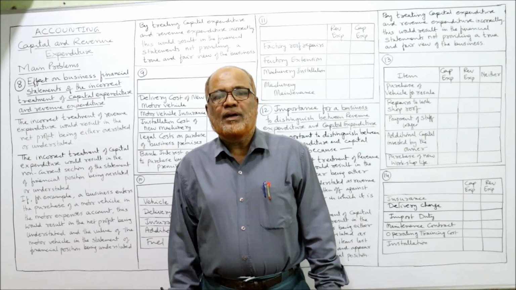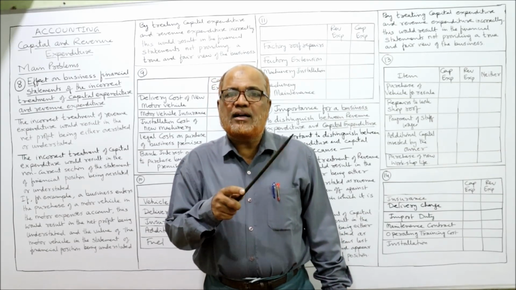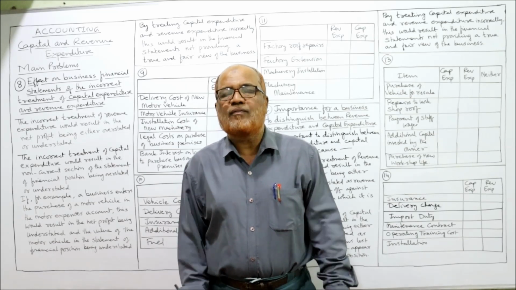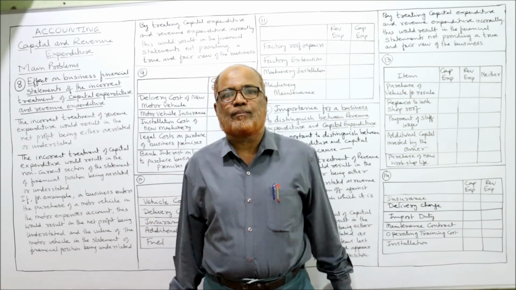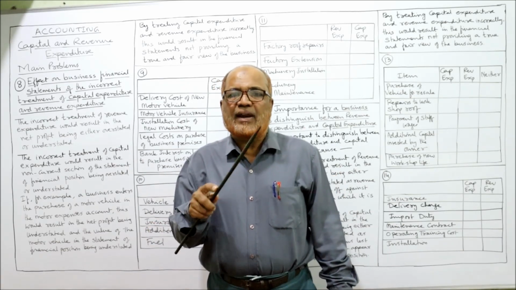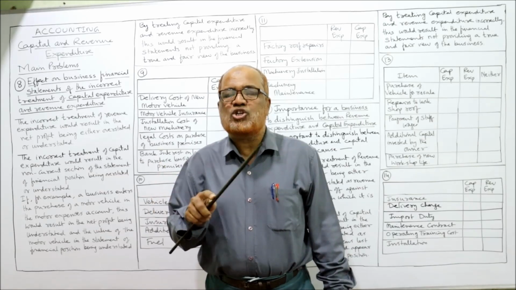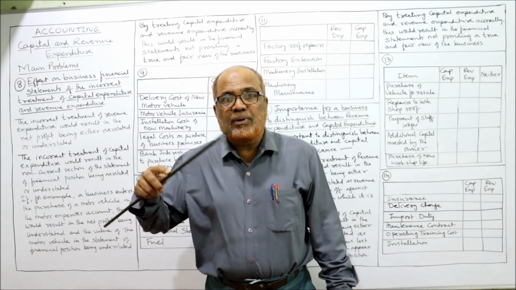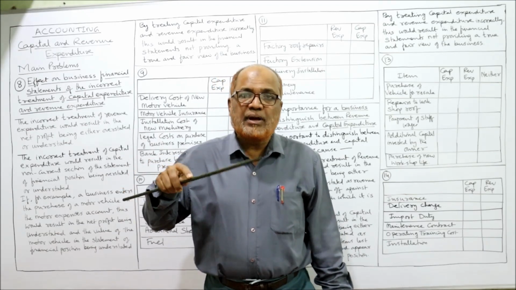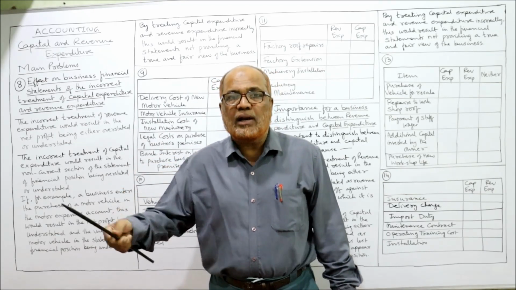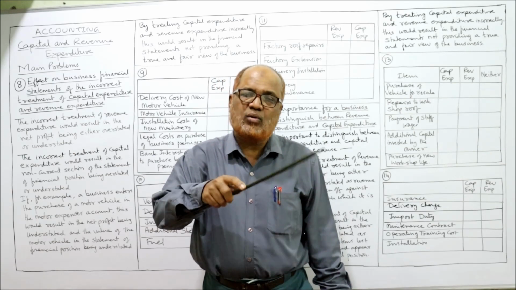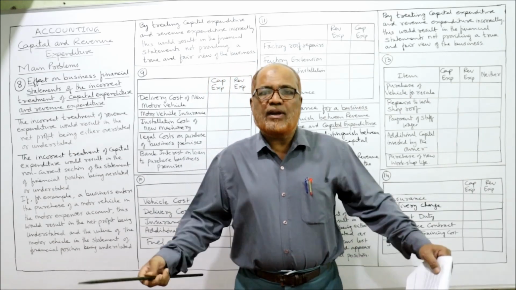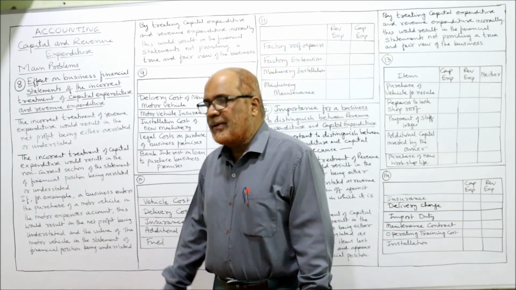Second effect is it will affect the non-current assets section of the statement of financial position. The non-current assets may be overvalued or undervalued if we wrongly treat capital expenditure as revenue or revenue as capital.